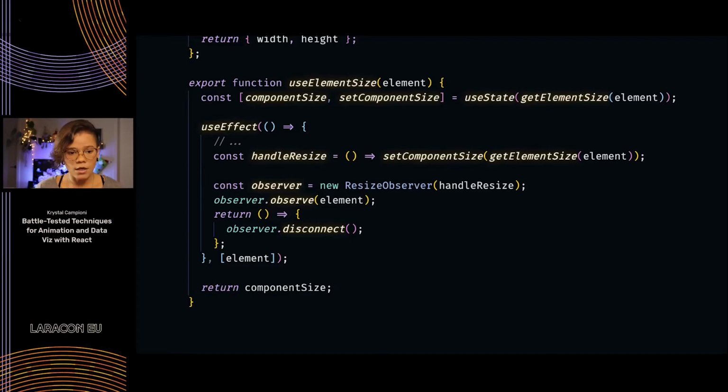This is great, not only because the resize observer is better than window resize events in terms of performance, but also because it will trigger when the element size changes due to page layout changes that are not necessarily triggered by window resizes. Think of things like sliding panels, for example.